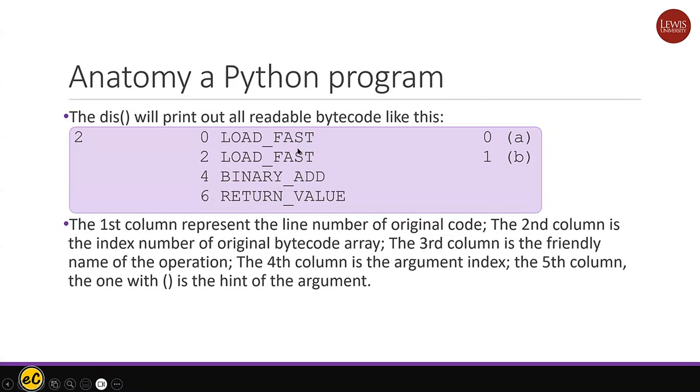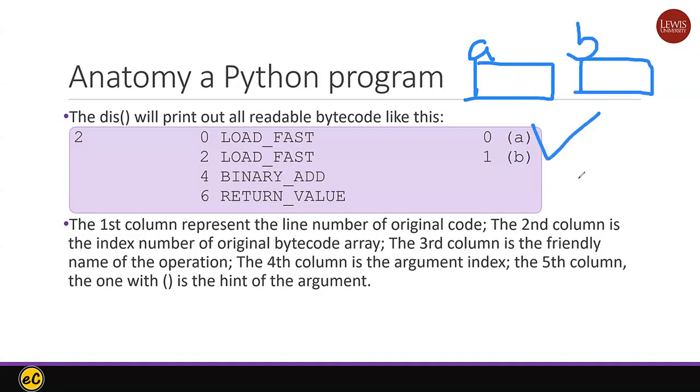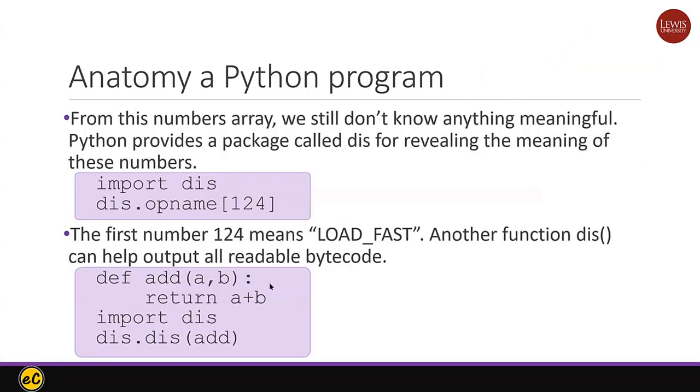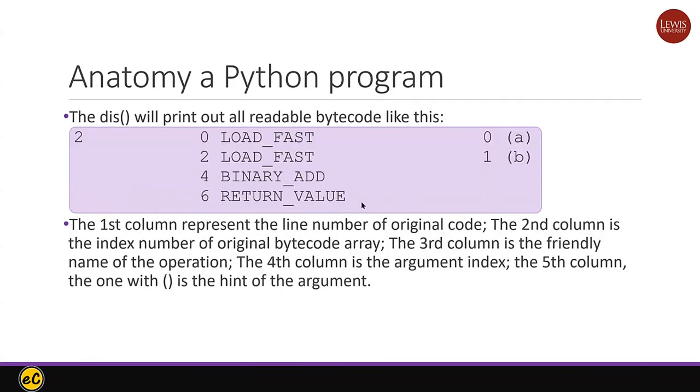It will generate LOAD_FAST, BINARY_ADD and then RETURN_VALUE. So this means you load one value to register A, load one value to register B, and then sum them up by add, and then the result will be returned. So this is the bytecode of your function. And this can be shown using this function. So dis is a module, and that module will disassemble the function.